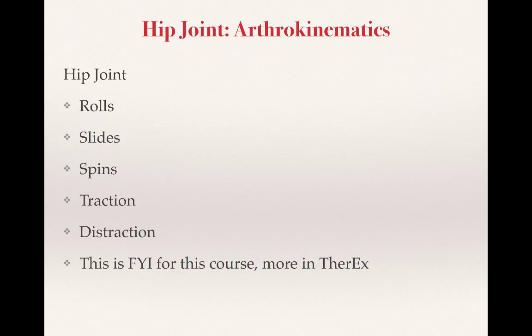At the hip joint, we have these types of arthrokinematics that occur with movement, and we will discuss these in much greater detail in therapeutic exercise because it's impossible to do any effective joint mobilizations if you don't understand the arthrokinematics of joints. So I just want to introduce them now so that you are aware that they occur, and we'll hit them again in therapeutic exercise.